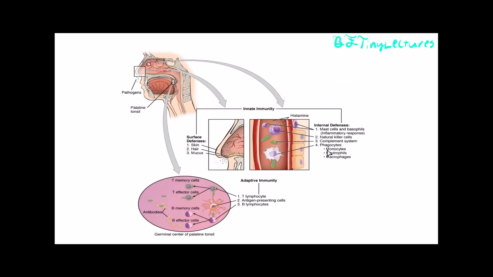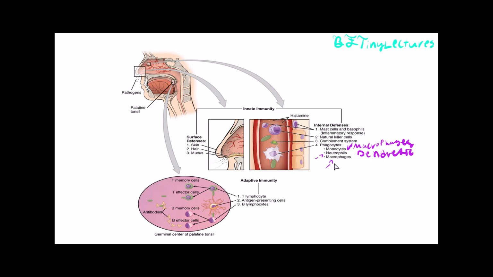And then you also have the phagocytes. Specifically, you have monocytes, and monocytes can be macrophages. So we have macrophages. And monocytes can also become dendritic cells right there. And of course, we have the neutrophils and the macrophages.